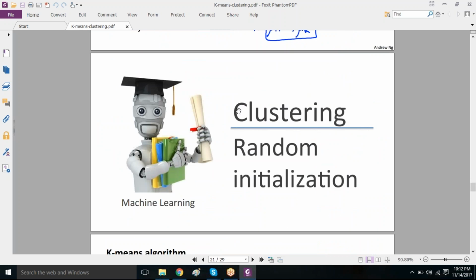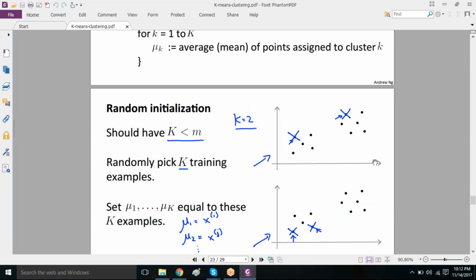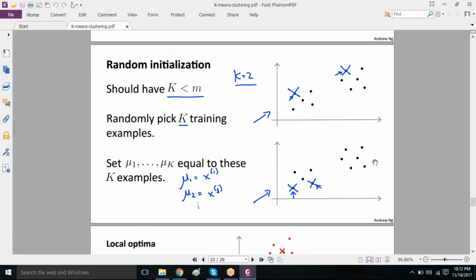Okay, let me first tell you the random initialization part. This is a very simple thing. Can you see these clusters? Now, how many clusters are there in the top graph? Two clusters, right?